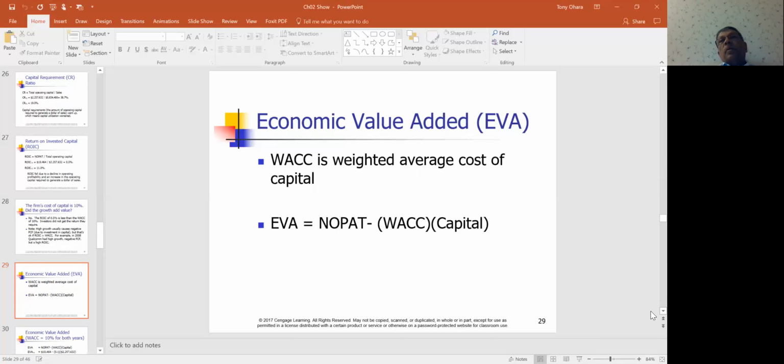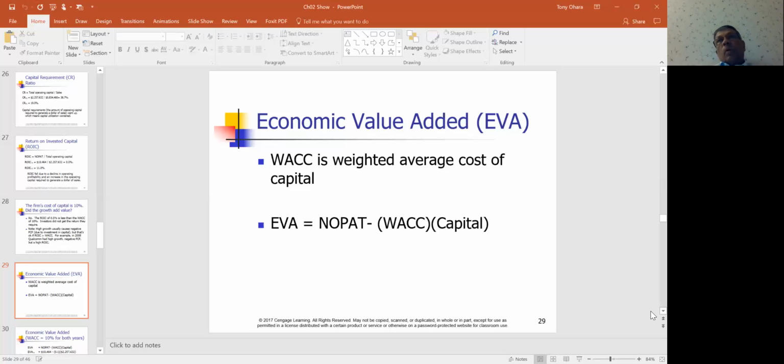And that is, I noticed that some of you had talked about profitability and so on, but that's not really what we're after. We need to be generating more profitability than our cost of capital.